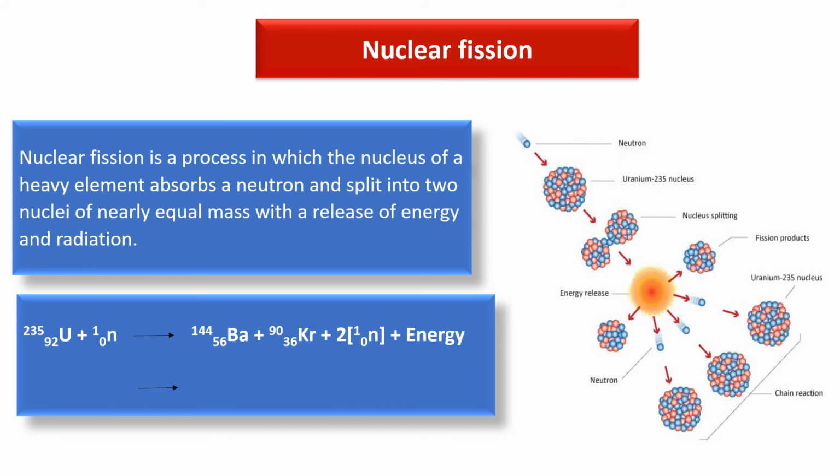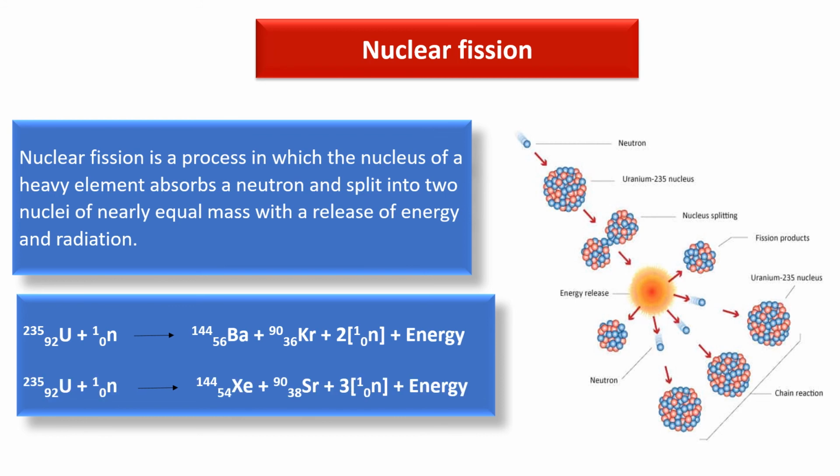So a single element, after it has absorbed neutron, produces 2 other atoms. A single atom splits to form 2 other atoms and with the release of energy.